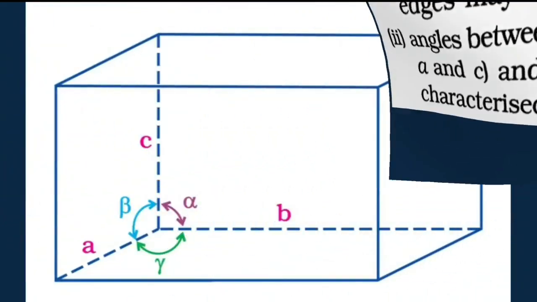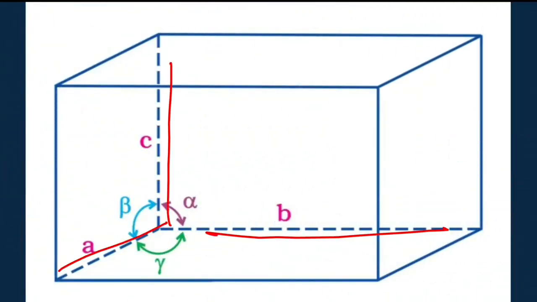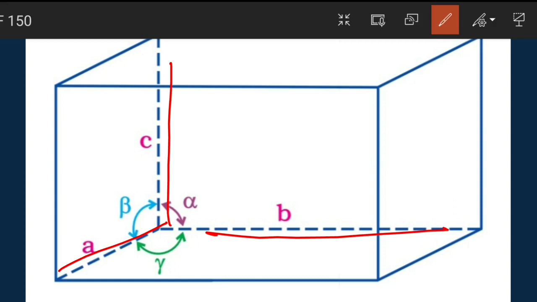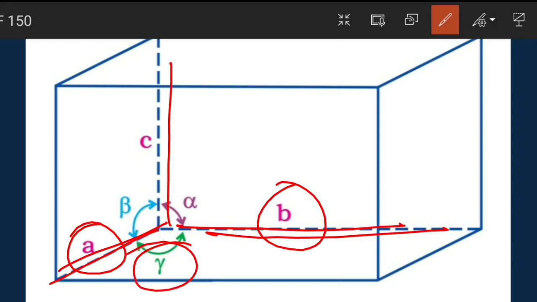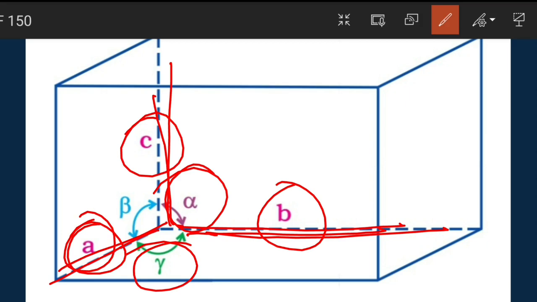You can see here, between A and B the angle is gamma, between B and C it is alpha, and between A and C it is beta.